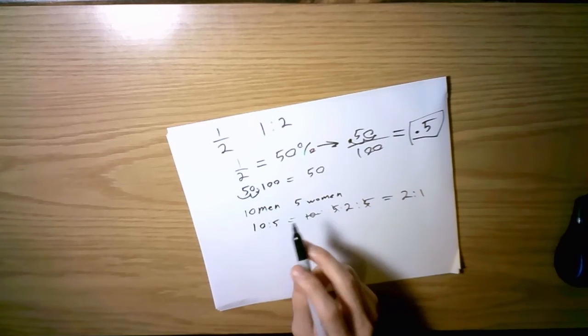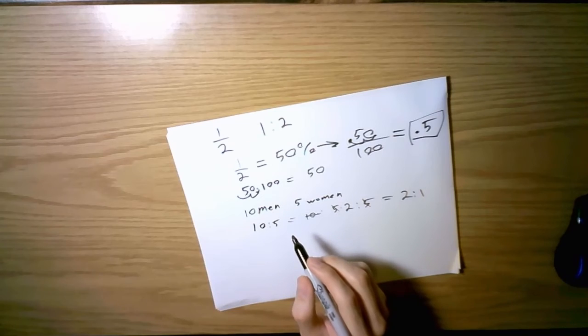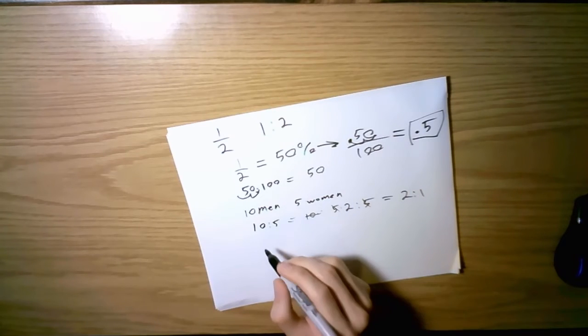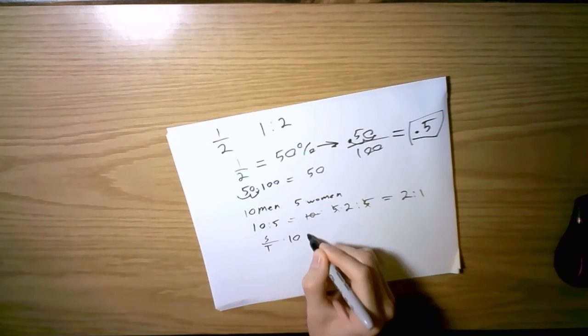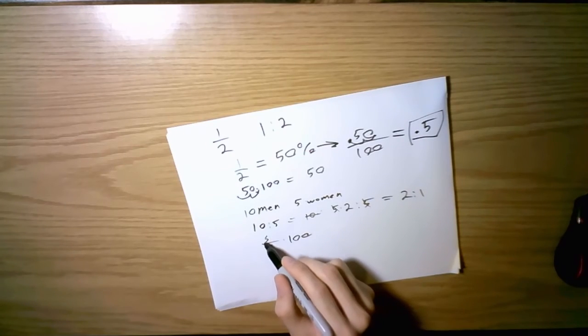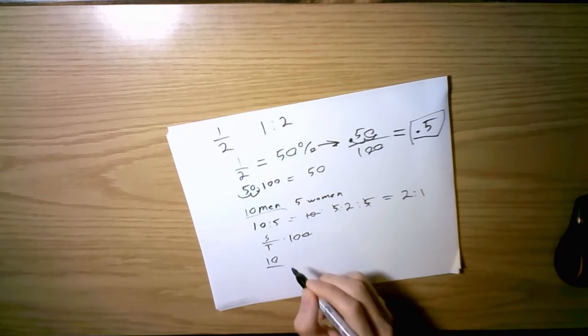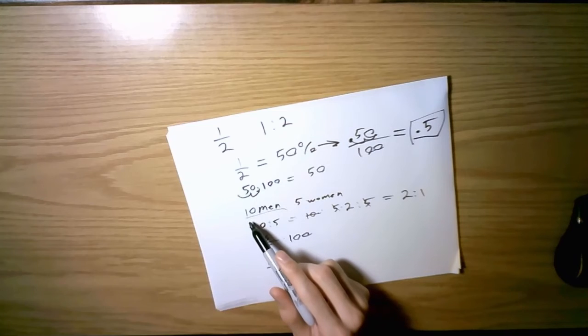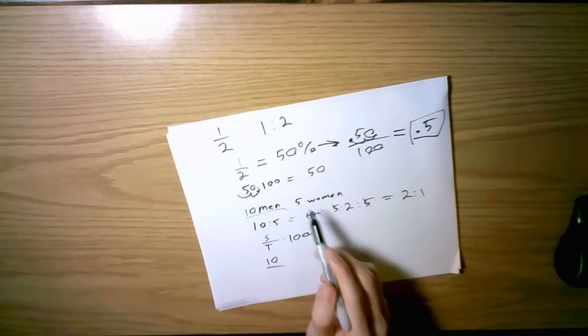I can also ask you, what percentage of the people is men? The equation for a percent is sample divided by total times 100. The sample is the men, so that'd be 10 divided by the total. The total is the total number of people, so you'd do 10 plus 5.